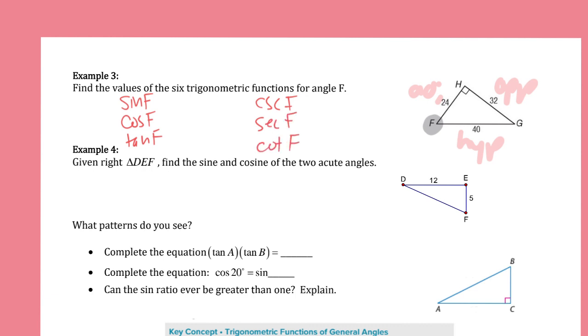Okay, so sine from F's perspective is the opposite leg over the hypotenuse, which would be 32/40. And when we reduce it, we do get 4/5. And then cosine is going to be the adjacent leg over the hypotenuse, which would be 24/40, which will be 3/5.